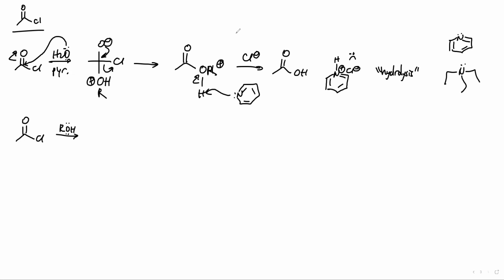Replace here with R. Let me do that instead. So you can replace it with this and this, right? Overall, then the reaction gives you an ester. And again, there's going to be HCl forming because we're going to leave it. So let's use TEA this time. I've never used TEA before, so I don't know if it smells bad. But I can only imagine it smells better than pyridine.